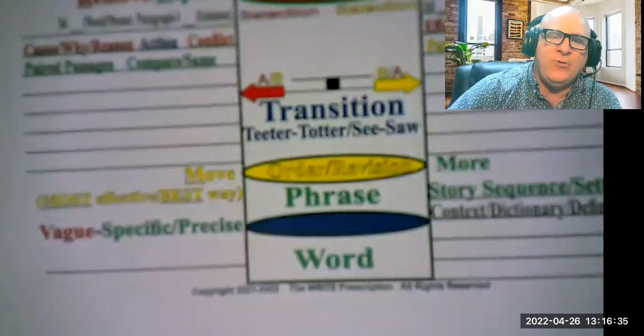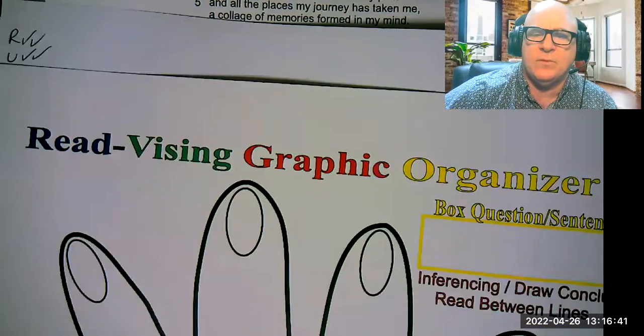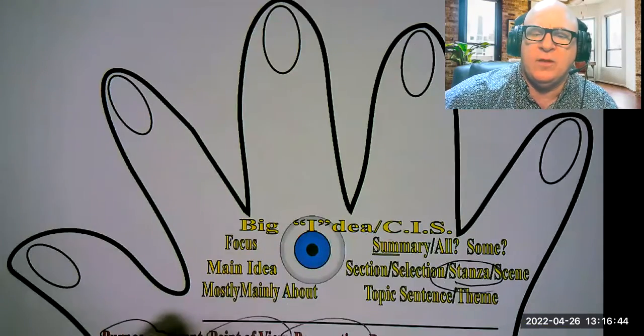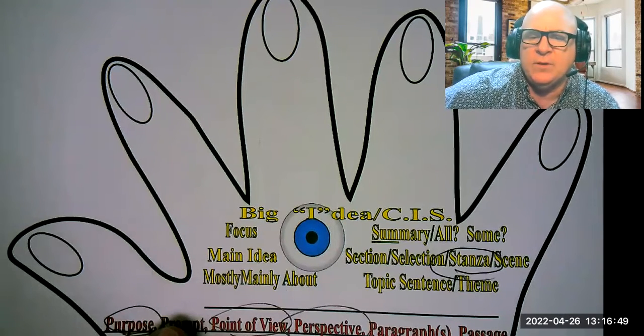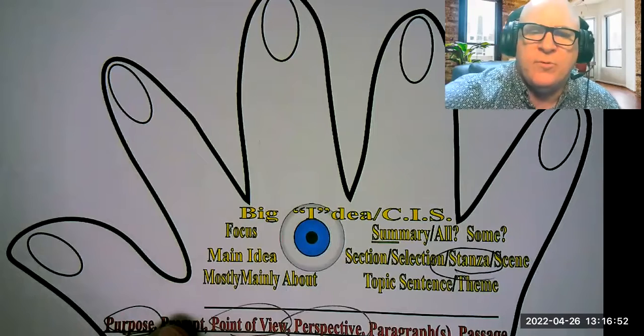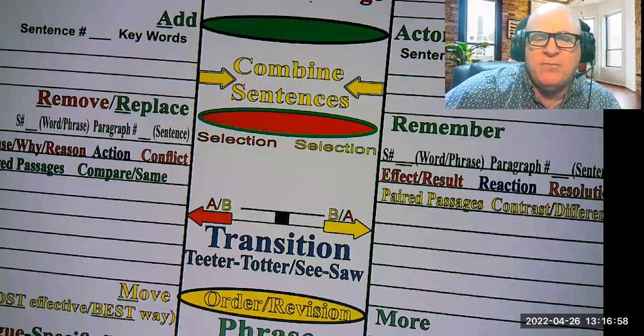So let's take a look at today's question that has to do with inferencing about a mother in a poem based on one line. So when I say one line, if you think of reading as a hand for the passage, the poem, the play, the selection, and an arm for the simpler questions, they're at the very bottom of my graphic organizer.